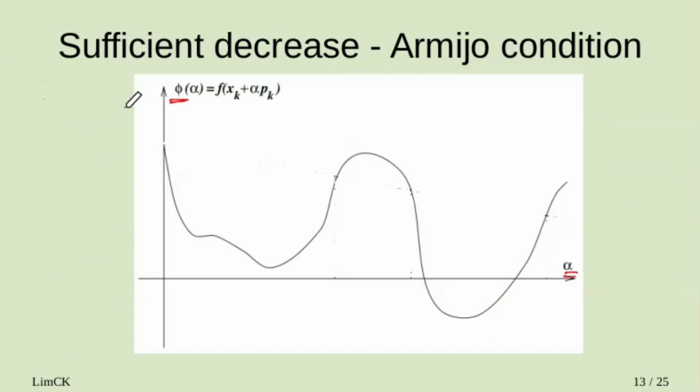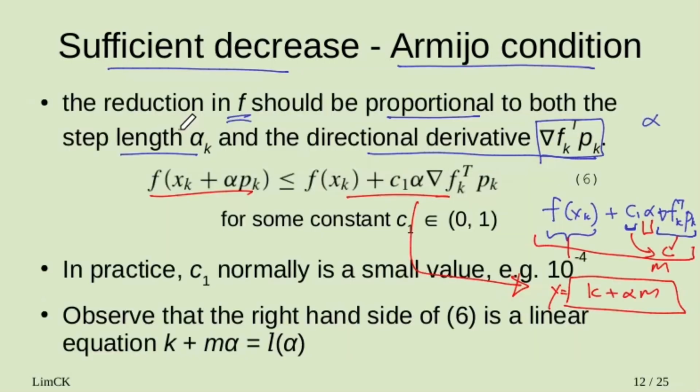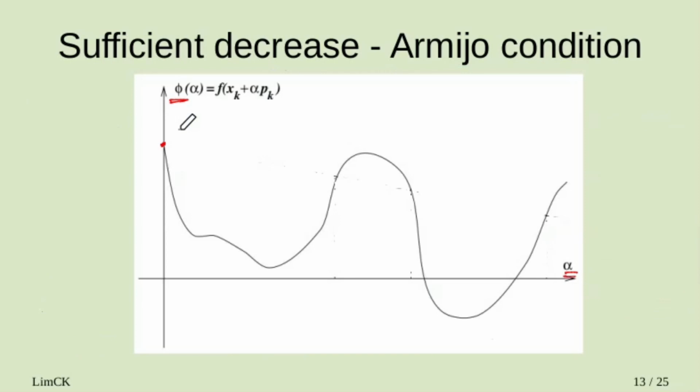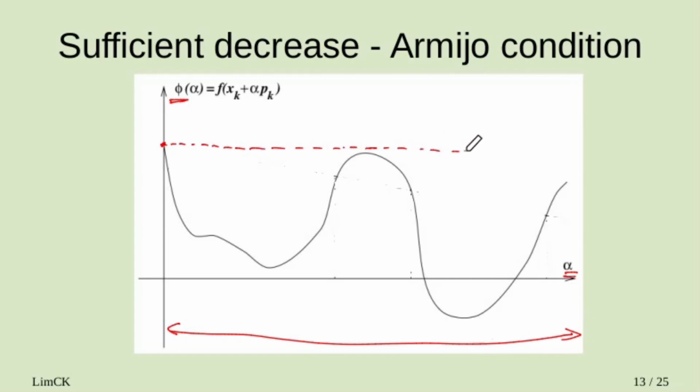If we are at this point k right now, this is our cost function. Without the unusual condition, we can choose any alpha, because if I draw a straight line here, you see all the alpha we choose will get f which is lower than this line.